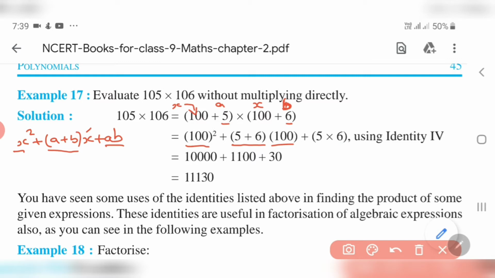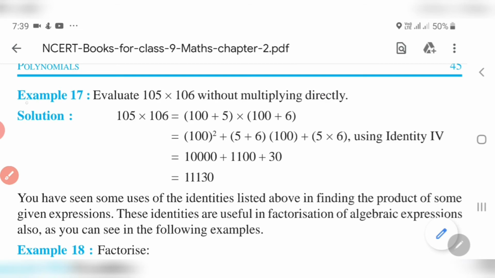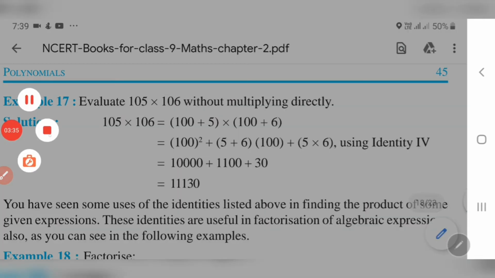It will be 10,000, plus 5 plus 6 is 11. 11 into 100 is 1100, plus 5 into 6 is 30. Now these three terms you add, and ultimately we'll get 11,130, correct? So this is example number 17.